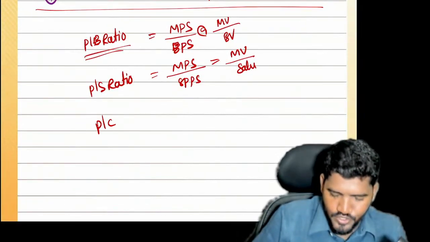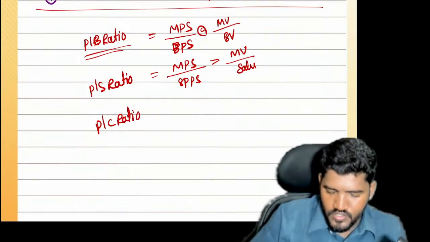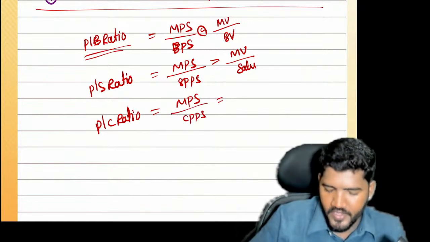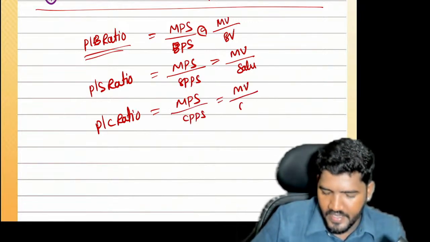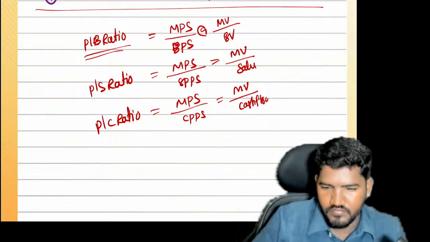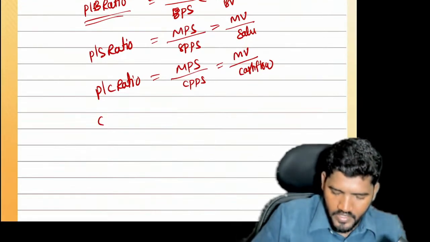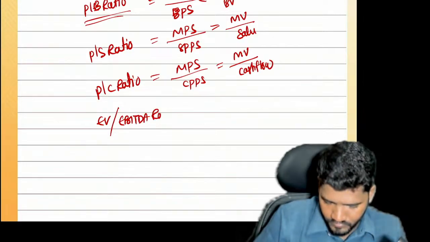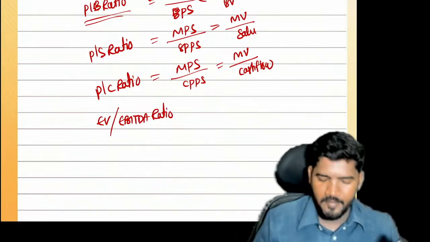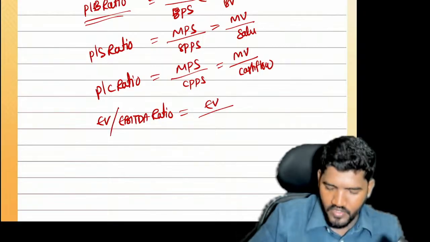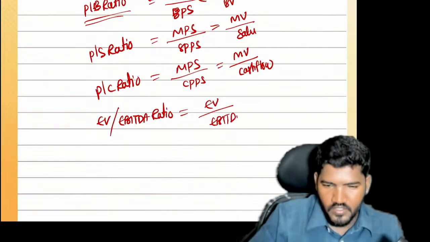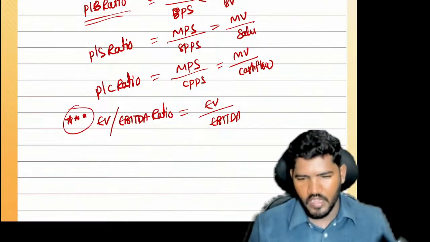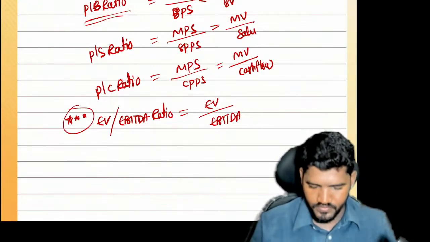Next, the PC ratio: MPS divided by cash flow per share, or in total terms, market value divided by cash flow. Next, the enterprise value to EBITDA ratio, which is enterprise value divided by EBITDA. This is a very, very important multiple out of all the ratios.